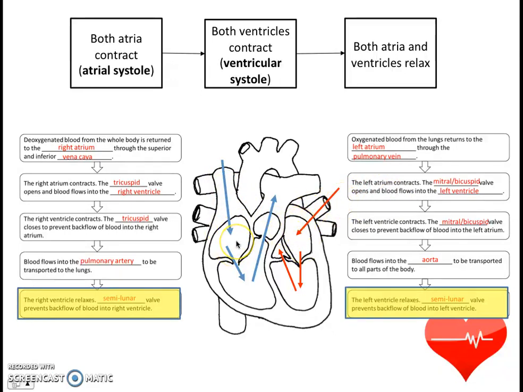Alright, so this slide is just to show you that even though we describe it in this sequence, and you should describe it in this sequence, there are actually pairs of events happening at the same time. Importantly, both atria contract together, both ventricles contract together, and then finally both atria and ventricles relax together. We'll talk more about this in the next video when we go into the cardiac cycle.